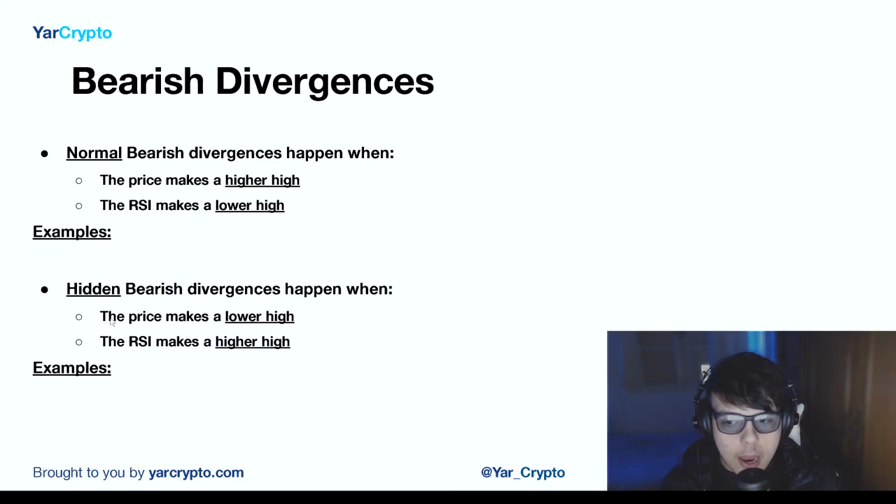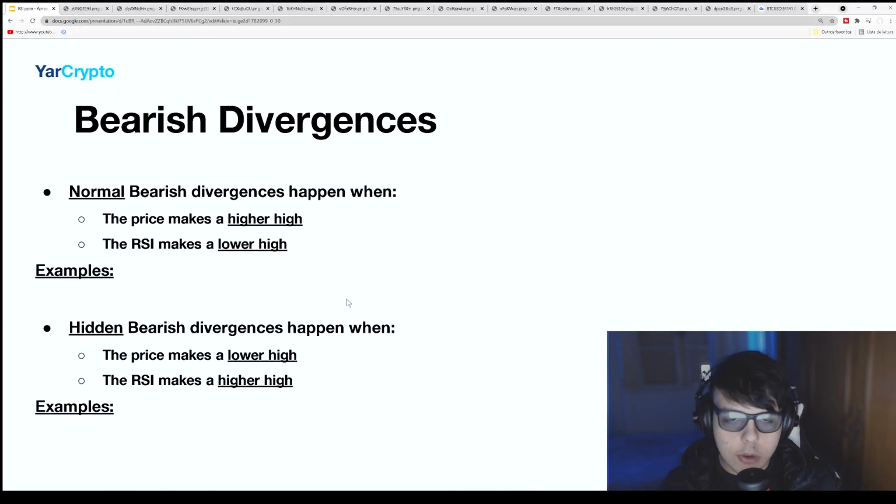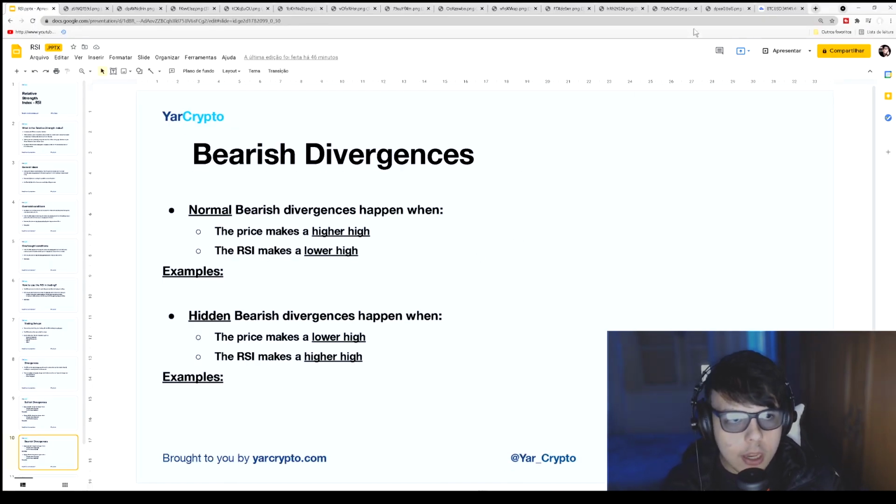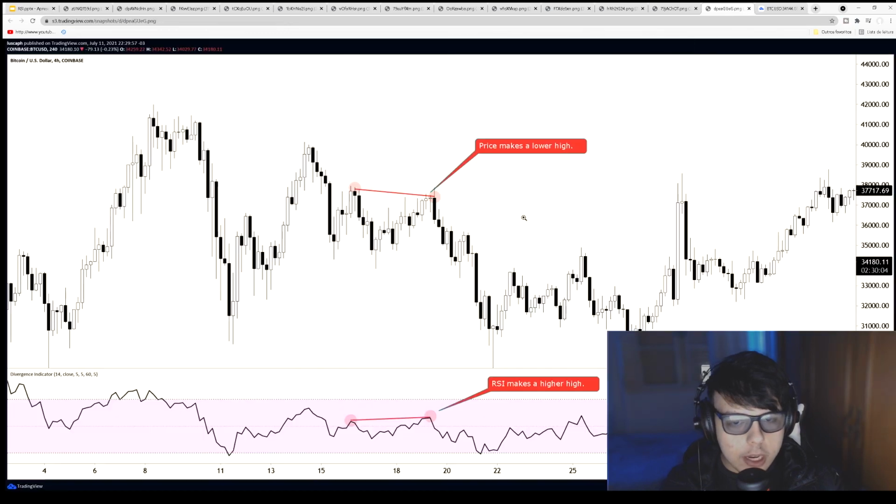Okay, so moving on now to the hidden bearish divergences. Usually they happen when the price makes a lower high and the RSI makes a higher high in this case. So I have another example here for you guys. If you take a look at this chart here, the price action, we are making a lower high on the price action, okay? But the RSI is making a higher high on the indicator here.